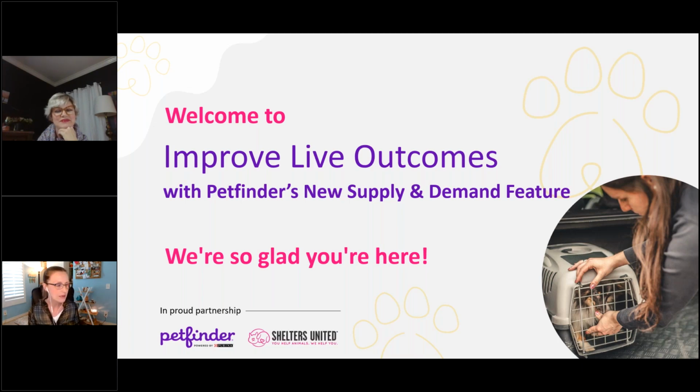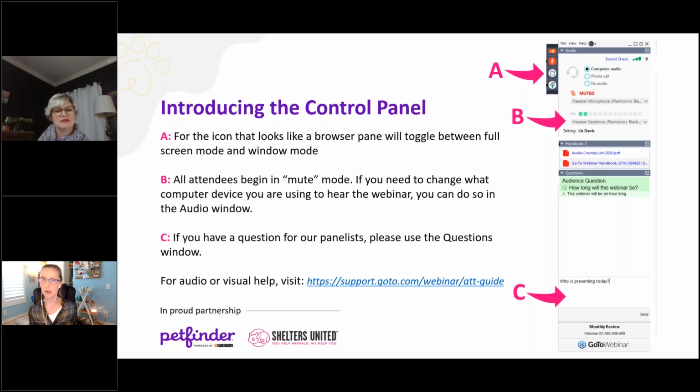Before I introduce our first speaker, I'm going to introduce you to the control panel, so you know how we're all watching and interacting here today. On this control panel, there are three main functions. On A, you can enter full screen mode or toggle to a windowed mode. At the letter B, you can adjust the computer device you are using to hear the webinar.